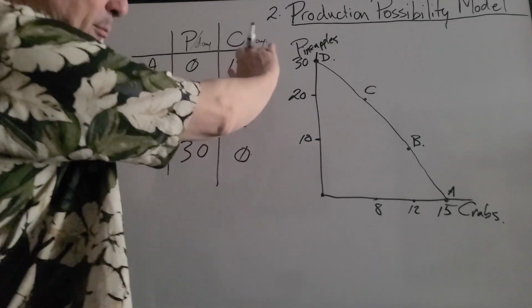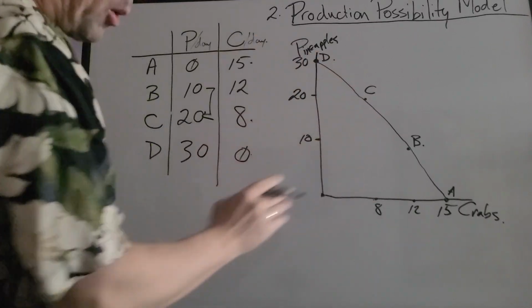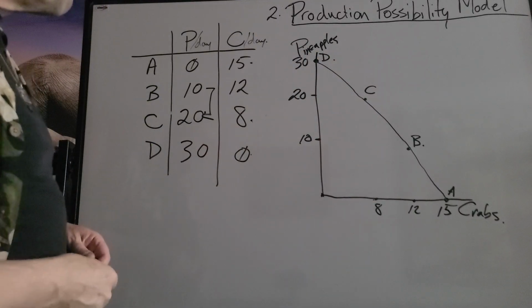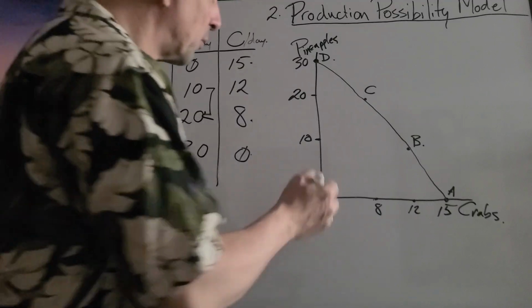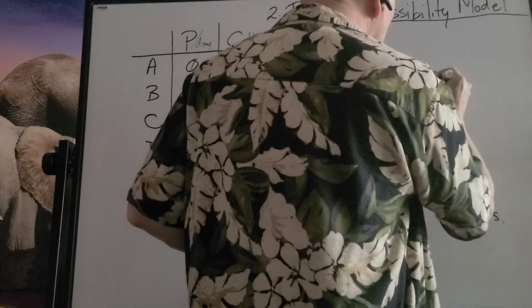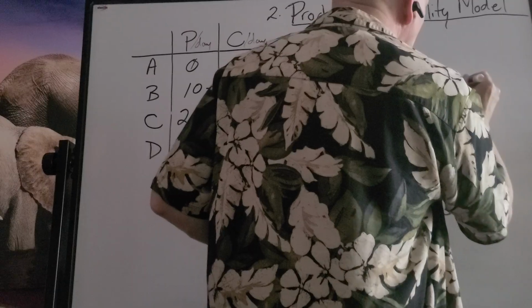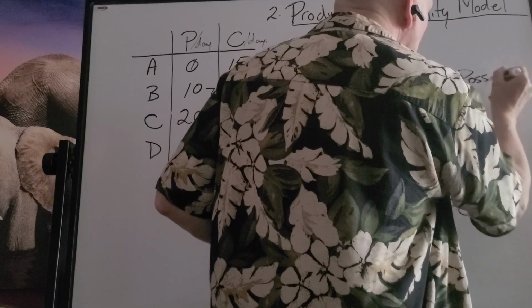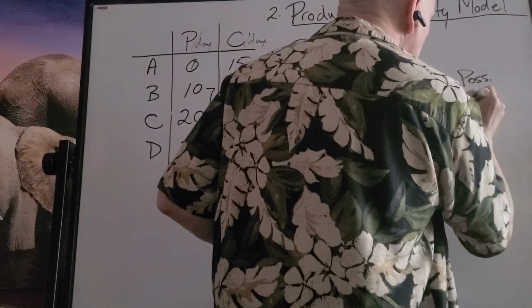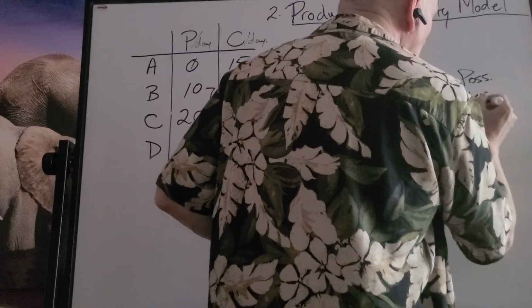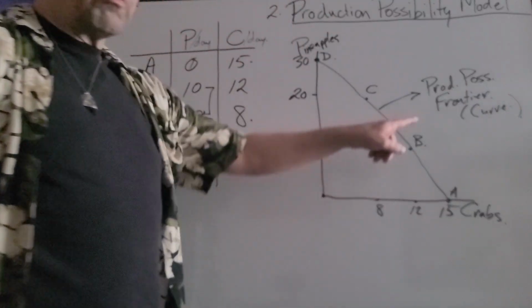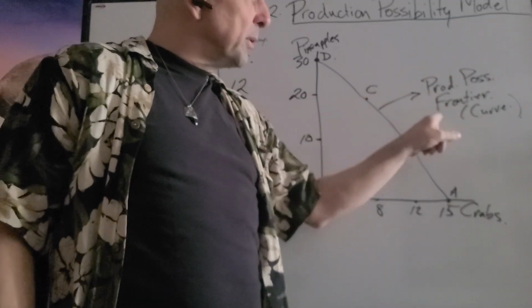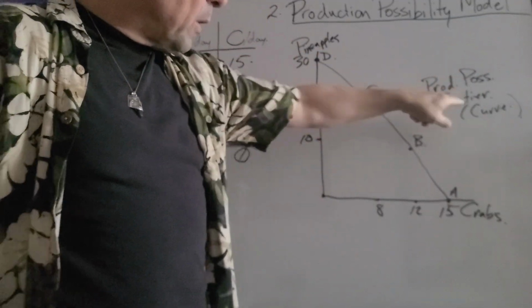So that would be demonstrated by a bowed out production possibility curve. So we're going to call this a production possibility frontier or curve. You might hear me refer to it as a production possibility frontier or as a curve.